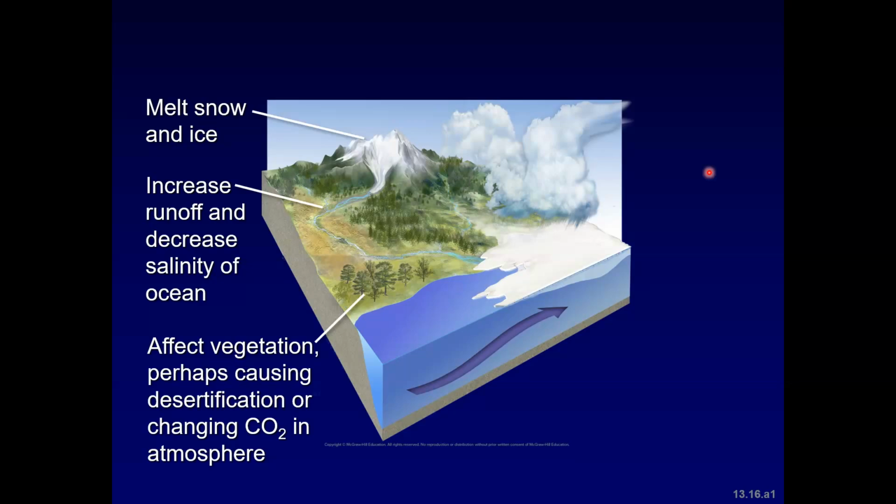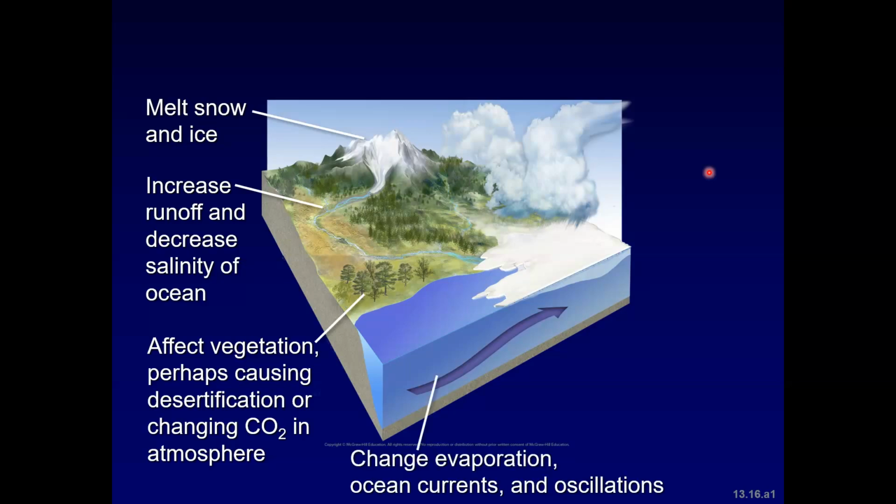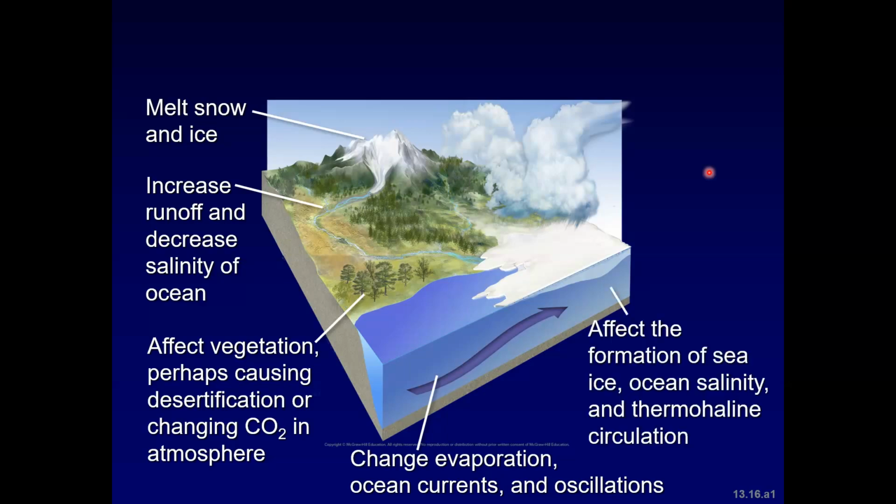It's no longer taken up by plants at the same rate. This can change evaporation, kind of increasing evaporation, the direction of ocean currents, and ocean oscillations. It can also affect the formation of sea ice, the lack thereof, ocean salinity, and then thermohaline circulation.